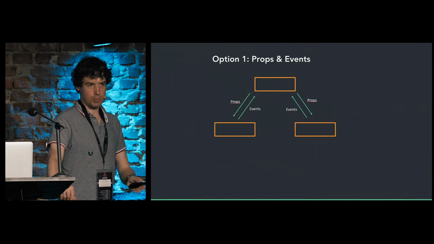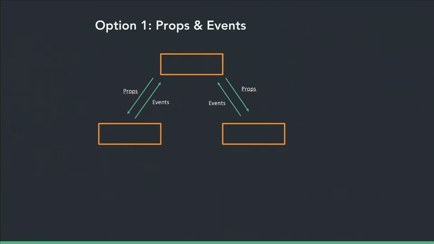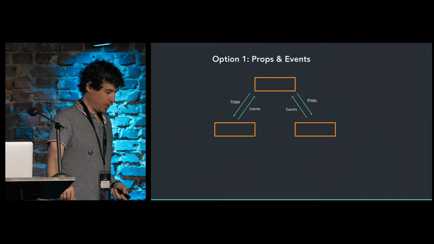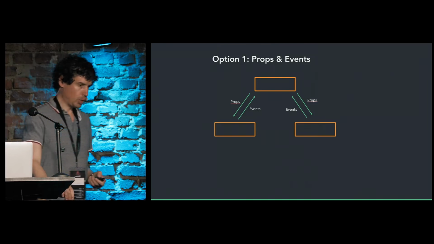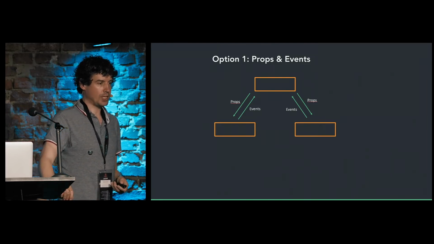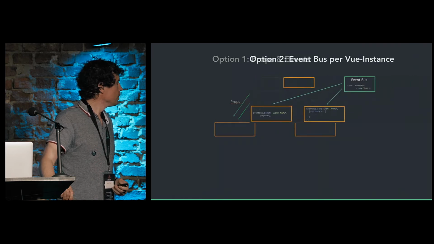You can pass properties into a component and get events out of it. This is, of course, bound to the component tree. You cannot communicate between sibling components at the same level. And this does not scale very well. When your component tree gets bigger and bigger, you need a different approach.